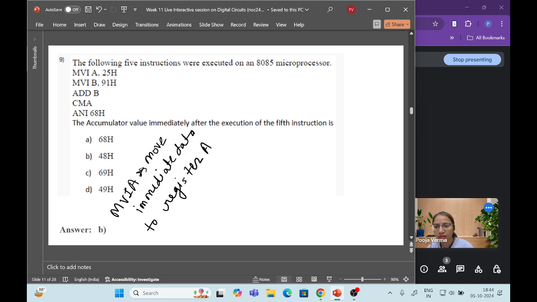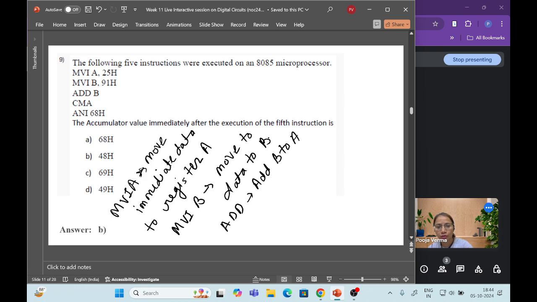Similarly, MVI B is move immediate data to register B. What does ADD mean? ADD B means add register B to the accumulator.